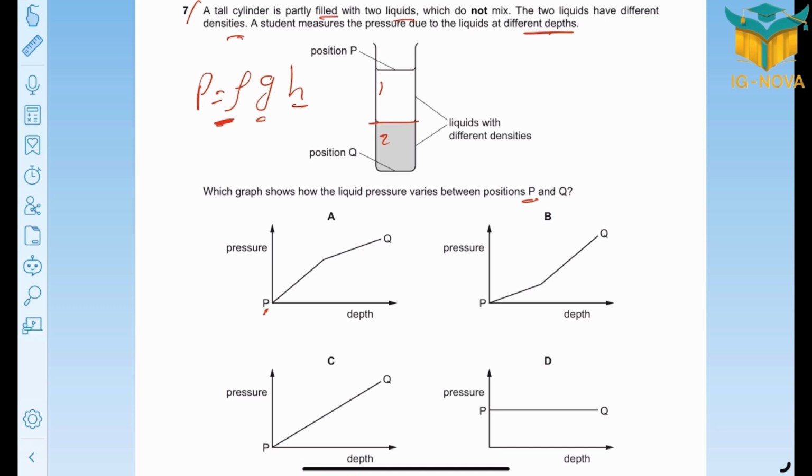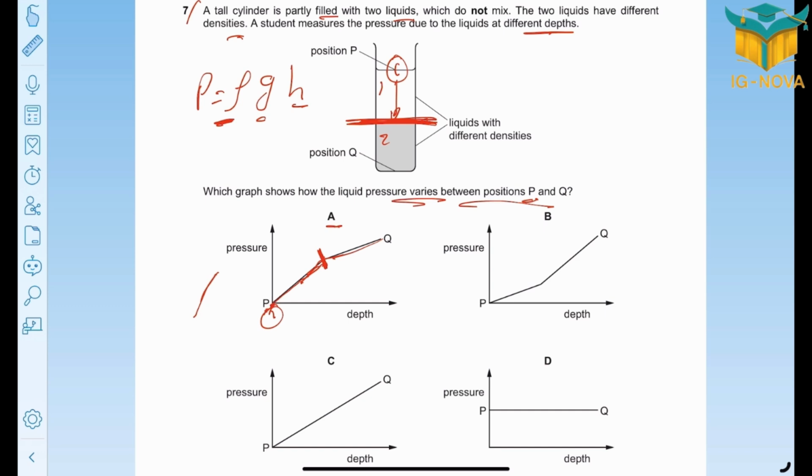Which graph shows how the liquid's pressure varies between P and Q? I'll apply this to the 4 graphs. For graph A, at point P, which is the first one, it starts to increase because of density, until this point described by the separated surface, and then the pressure to depth, which is density, increases. But which one increased more?